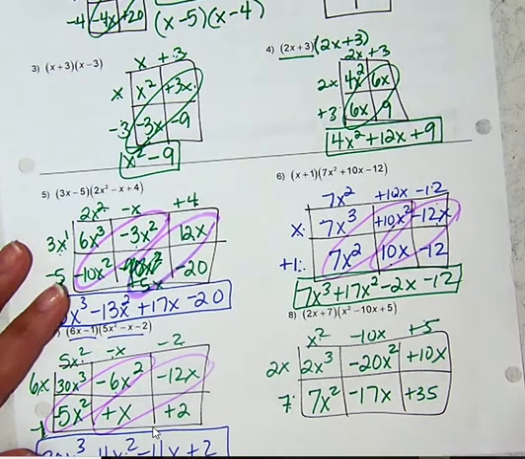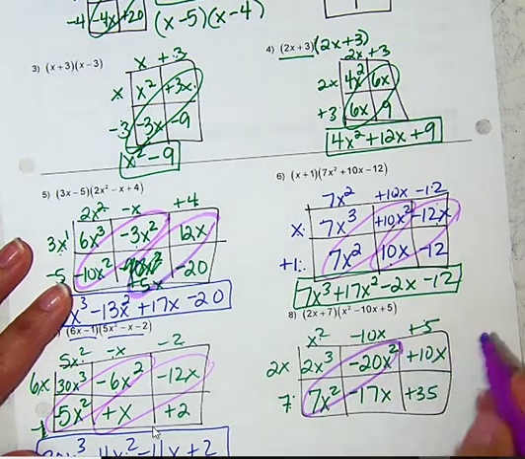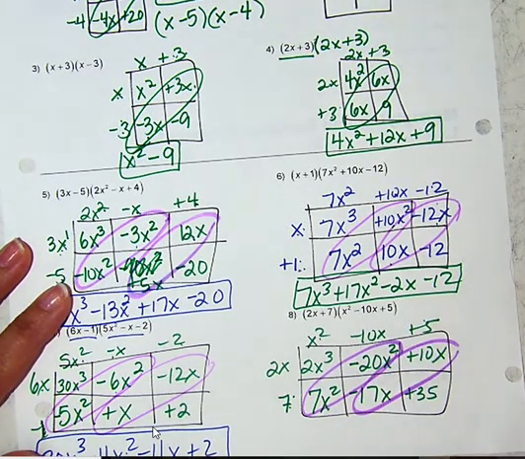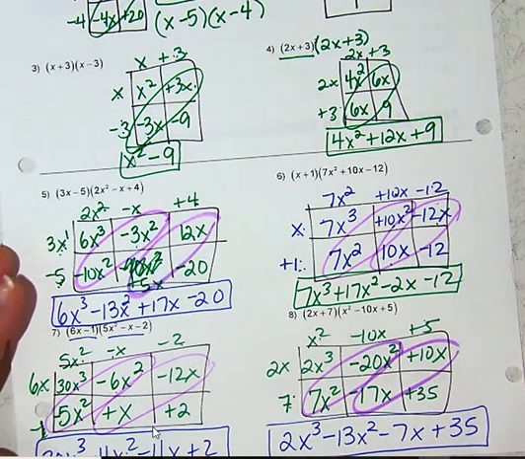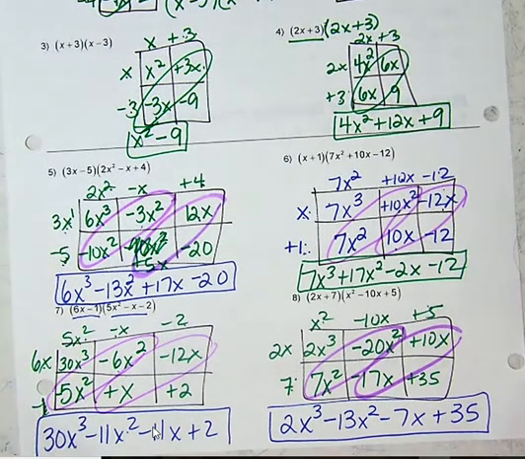Okay, then I'm going to circle like terms. And I get 2x cubed minus 13x squared minus 60x plus 35. And then that is your answer. Okay? And that's multiplying a binomial and a trinomial.